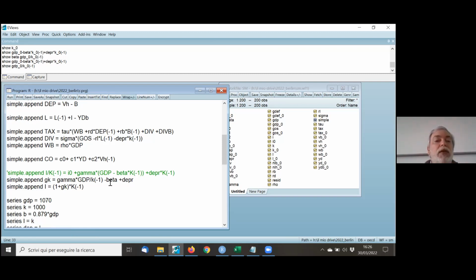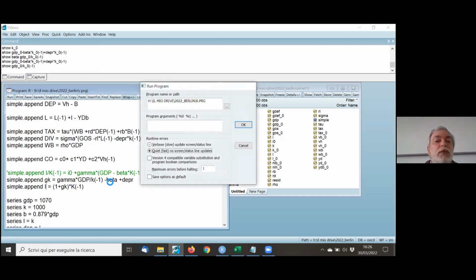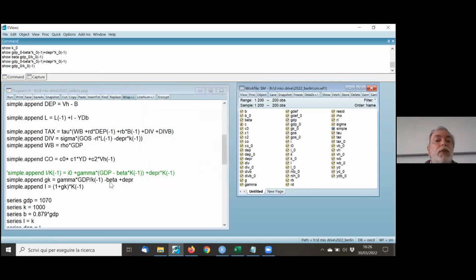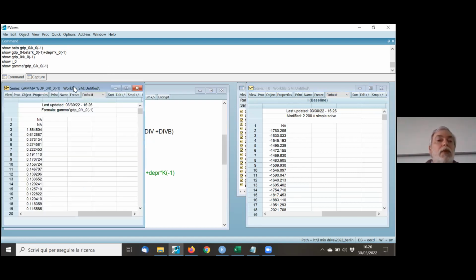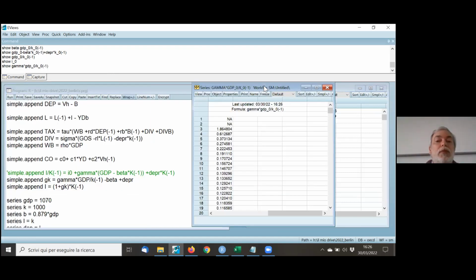But let's see whether this works. No, the values are negative.